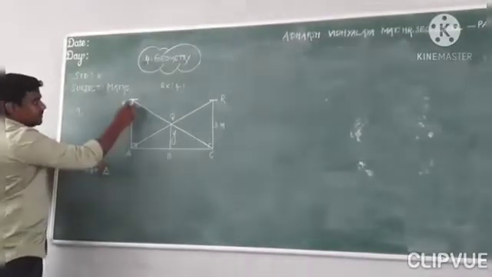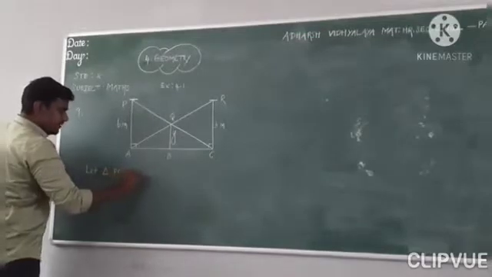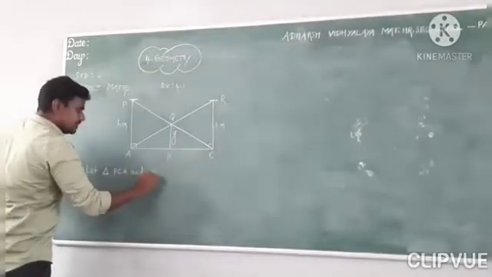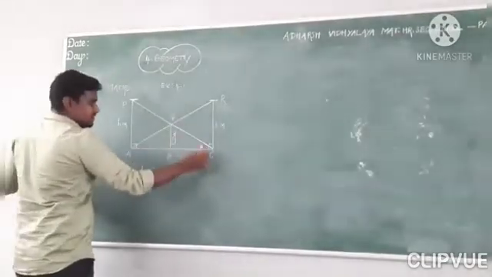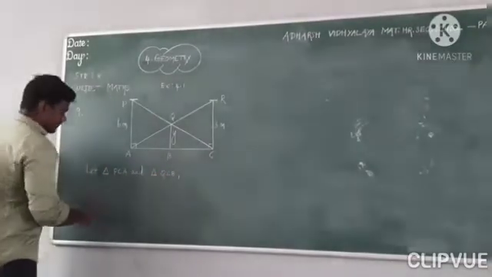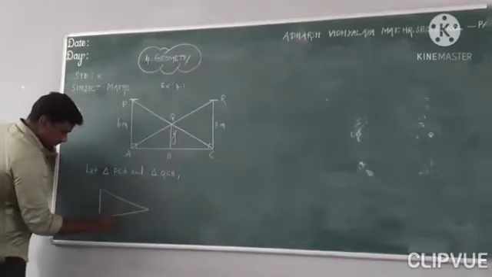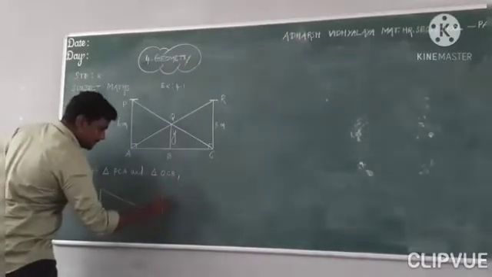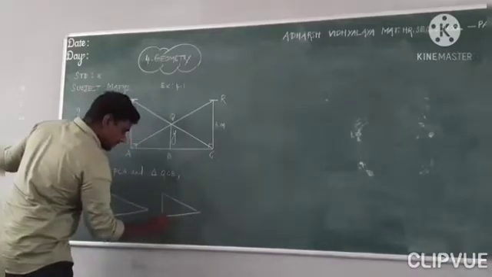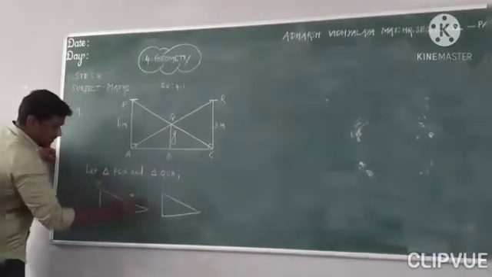Let triangle PCA and triangle QCB. This is PCA, the whole triangle.